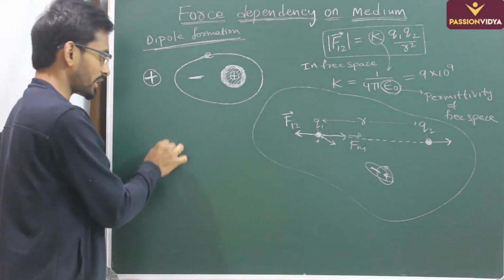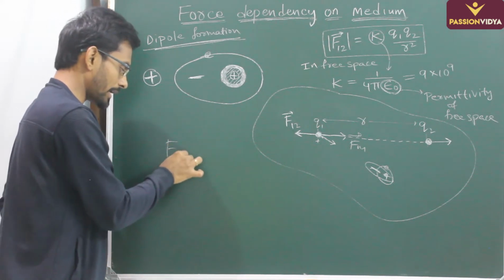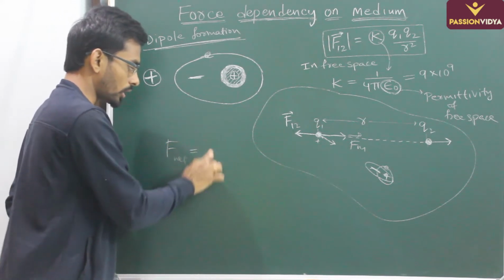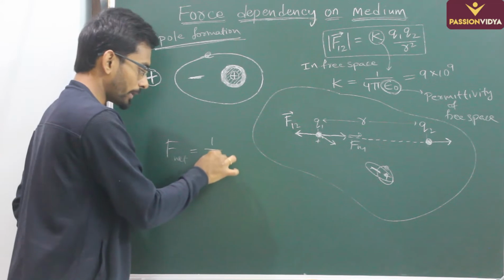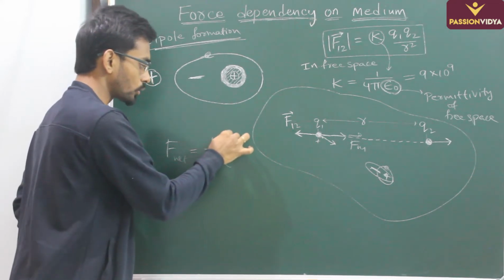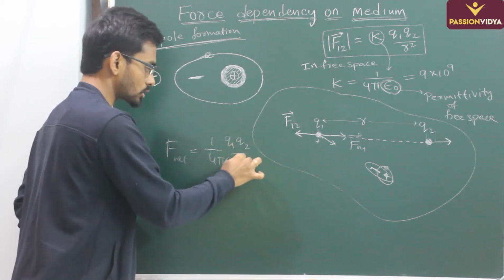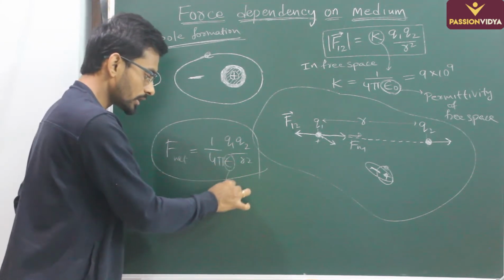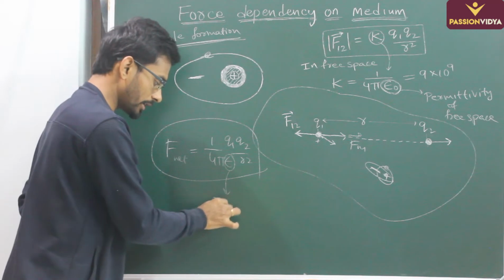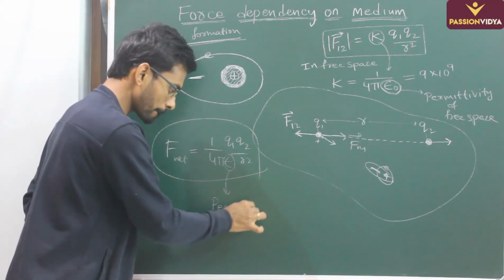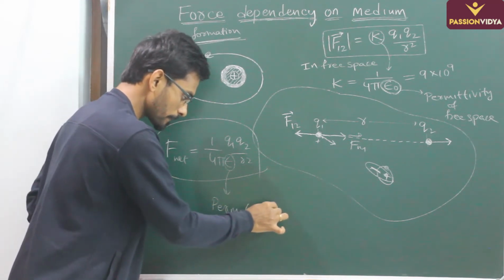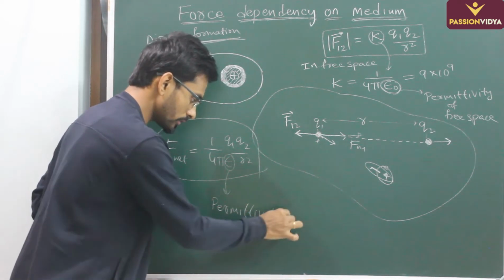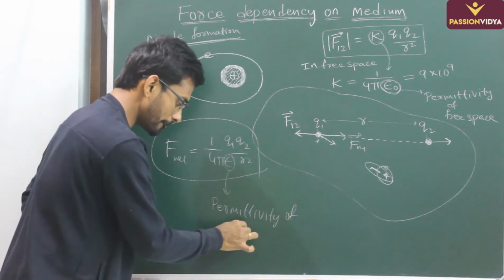The net electrostatic force is given by K into, or 1 by 4 pi epsilon into Q1 Q2 by r square, where epsilon is the permittivity of the medium.